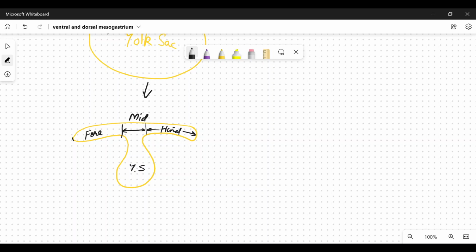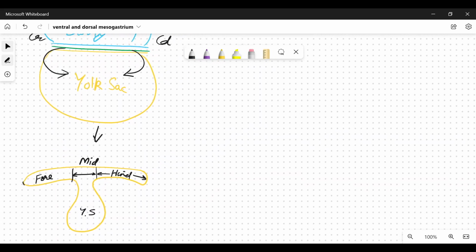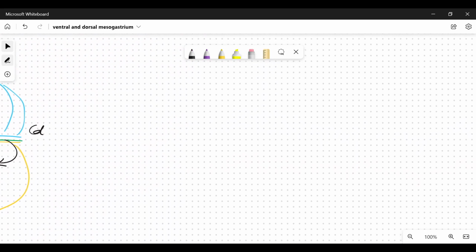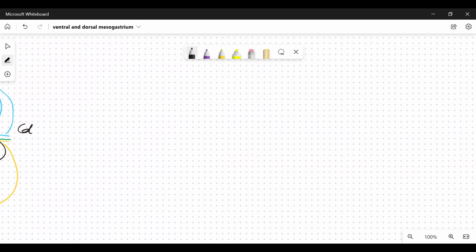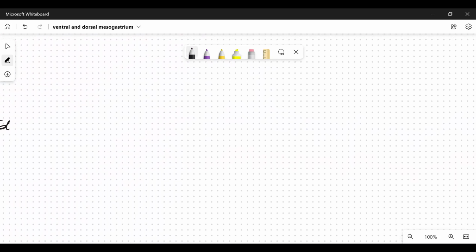Right. Now we need to know what structures are derived from this foregut, midgut, and hindgut in the adult gastrointestinal tract.